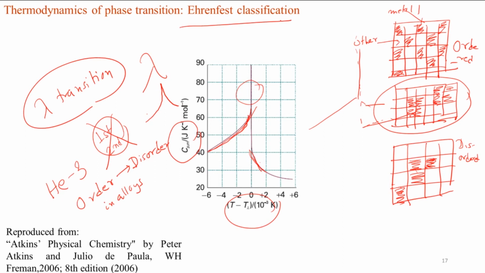We formulated some equations, and for the solid to liquid melting curve, which was approximated as linear, we derived the equation known as the Clapeyron equation.